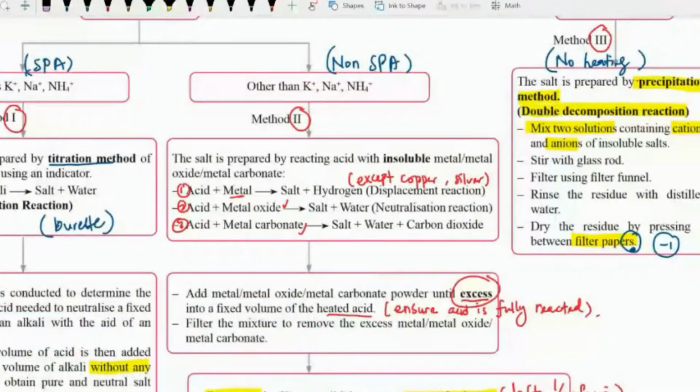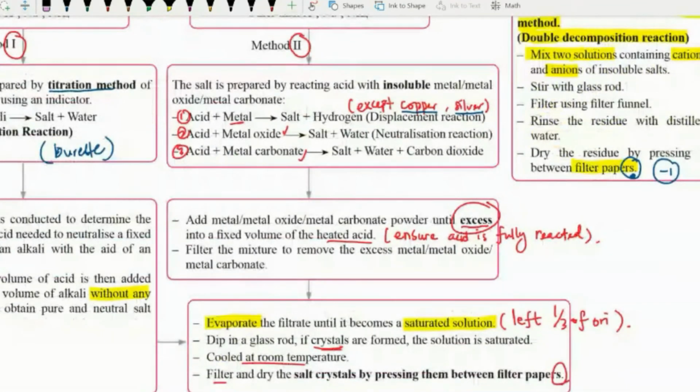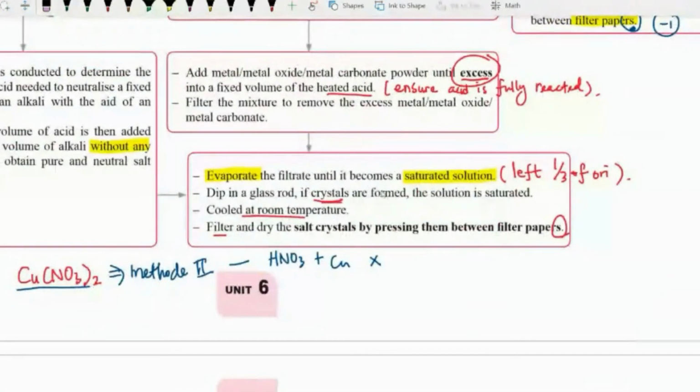Because I mentioned already, except copper and silver, because they are not reactive. Other metals can, like zinc, magnesium. But copper cannot. So we can use method 2, nitric acid with copper 2 oxide. This one can. Or nitric acid with copper 2 carbonate. Can.